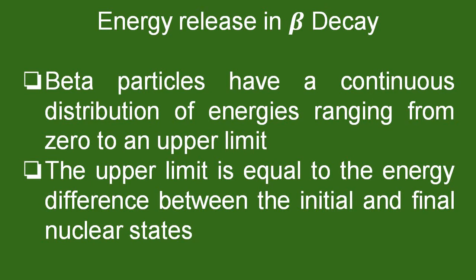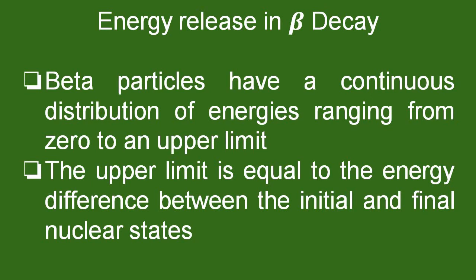And regarding the energy release in beta decay, beta particles have a continuous distribution of energies ranging from 0 to an upper limit. It is found that the beta particles are not emitted with the same energy.